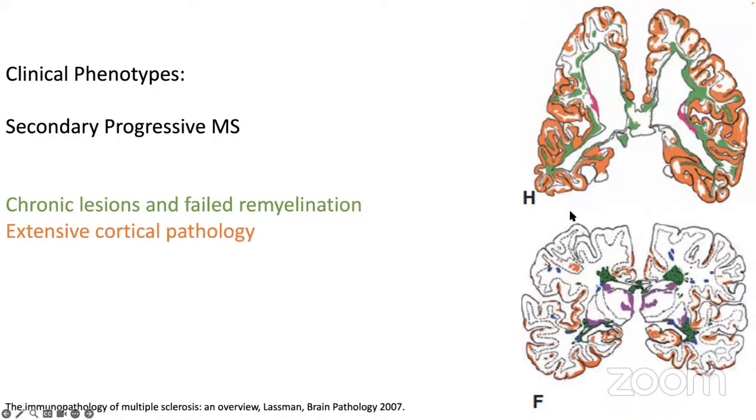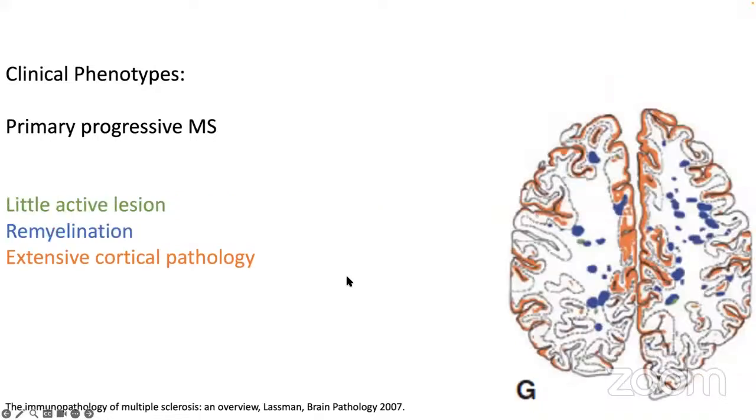And actually, these are drawings of actual pathological specimens from one of the articles. So it tends to be more extensive in the lower part, more extensive in the sylvian regions around the insula, but it is somehow difficult for us to see on a conventional scan. Also, people with primary progressive phenotypes have very little active lesions.